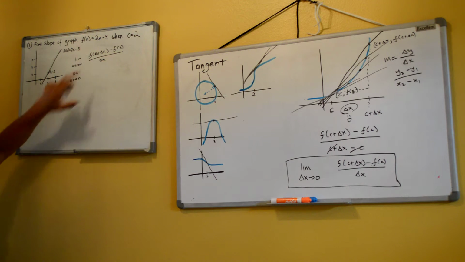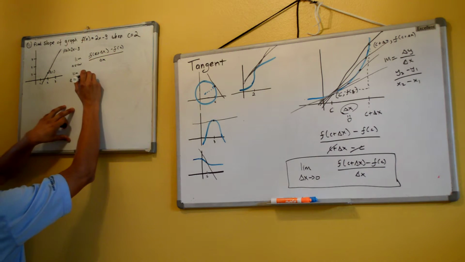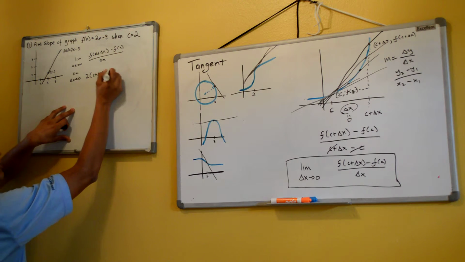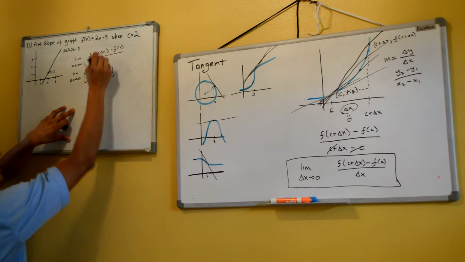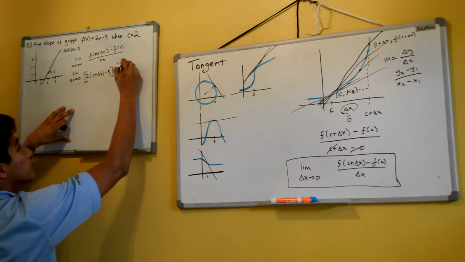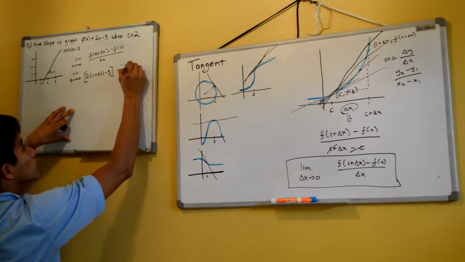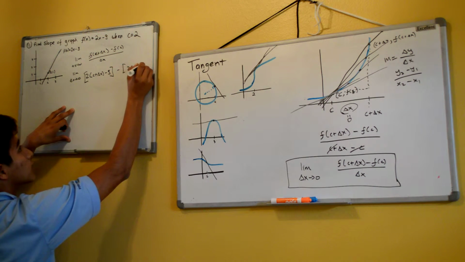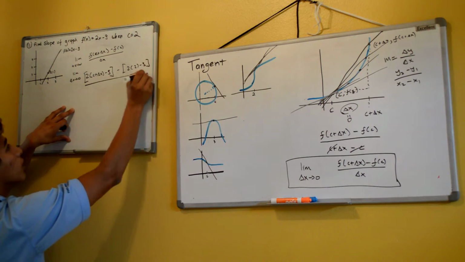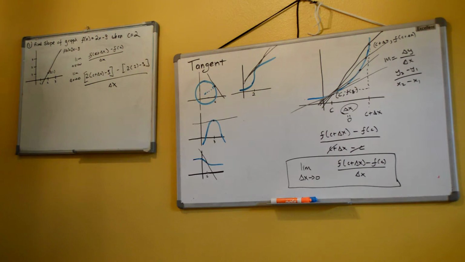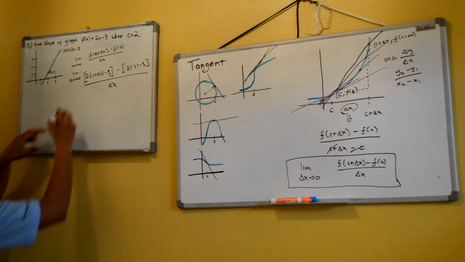So now I'm just going to plug it in, right? So it's going to be 2c plus delta x minus 3. That's my first. So now minus f of c, so it's going to be minus 2, and c is equal to 2, right? Because they gave that, so we can just substitute that in, all over delta x. We don't know what delta x is. Now let's just simplify.